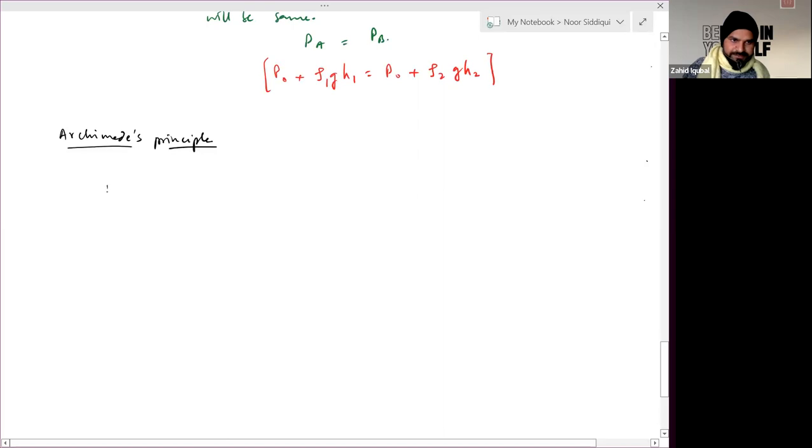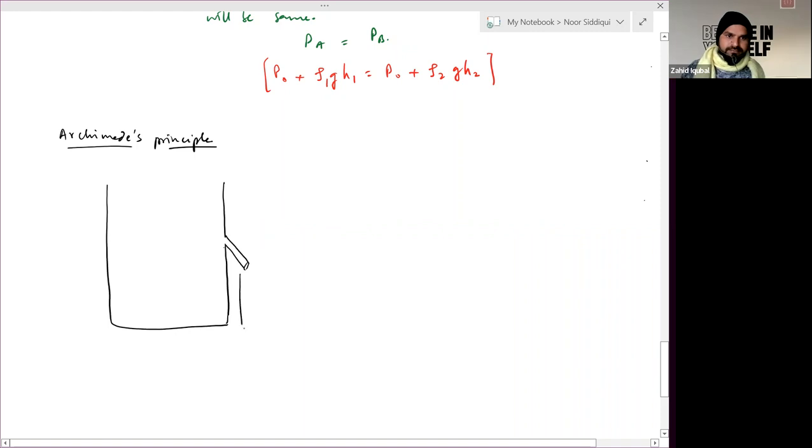Suppose you have a vessel in which liquid is filled up to this level.